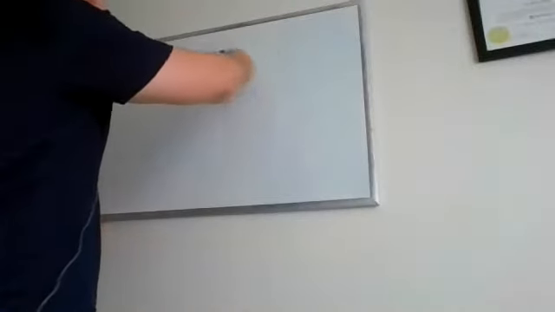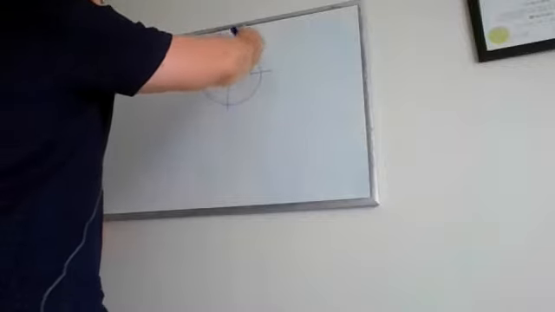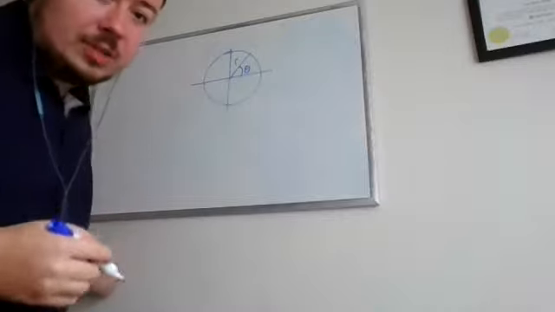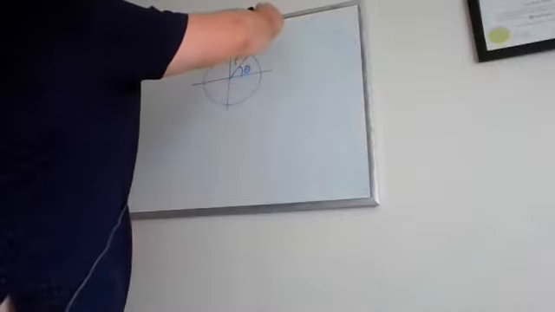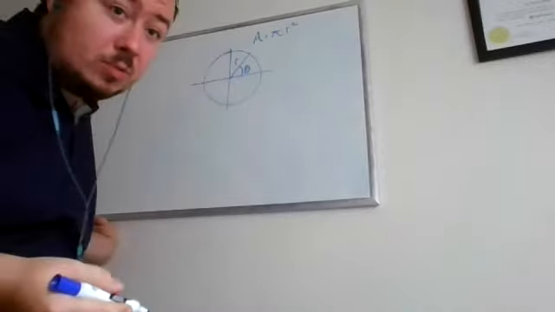All right, so let's imagine that we have a circle, say a circle of radius r. I'm sure we learned forever ago what the area of the circle is: pi times the radius squared.